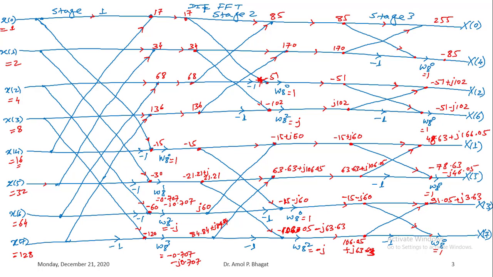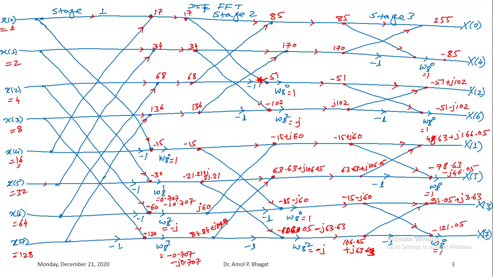So at this point you will have this minus 106.05, then minus 15, so minus 15 minus 106.05, right? So you will have minus 121.05, right?